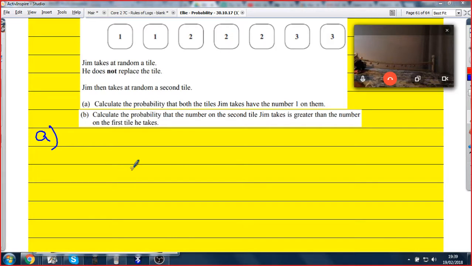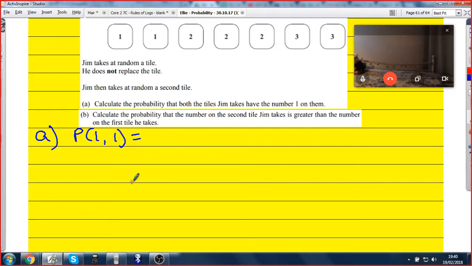So part A just wanted the probability of 1, 1. Number 1 on both of them. Oh, okay. How do you get that? So 1, 7. Is it 1 out of 7?